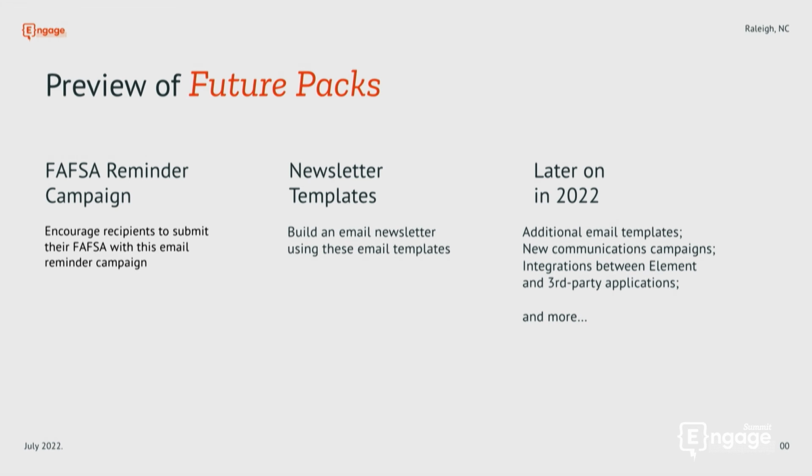Some future packs that we have planned, and Artis kind of mentioned this during his product roadmap session, a FAFSA reminder campaign. We've gotten a lot of feedback that this is a big pain point for folks trying to get current students and prospective students to submit their annual federal application for student aid. So that's going to go in our Packs library, and it'll have content and a workflow built in.